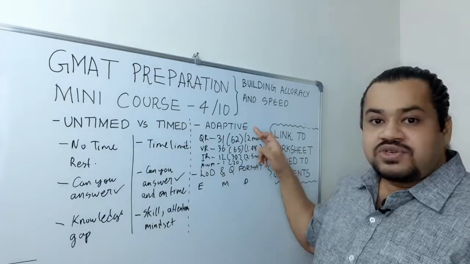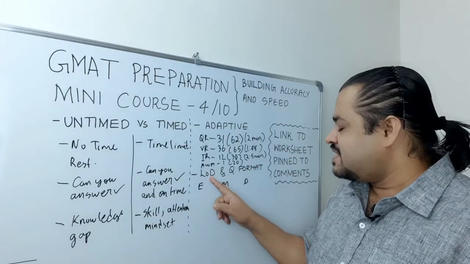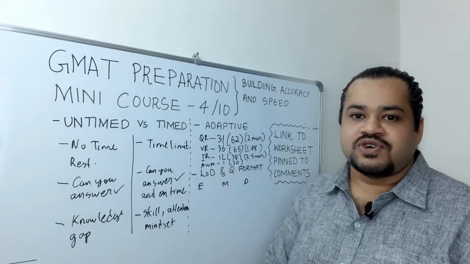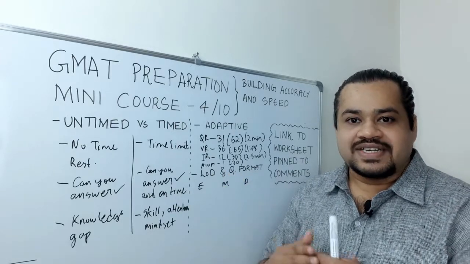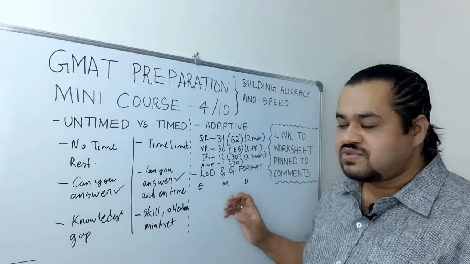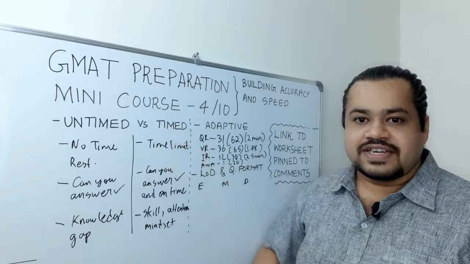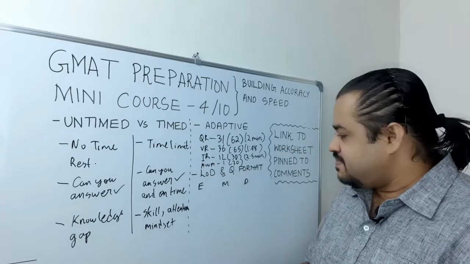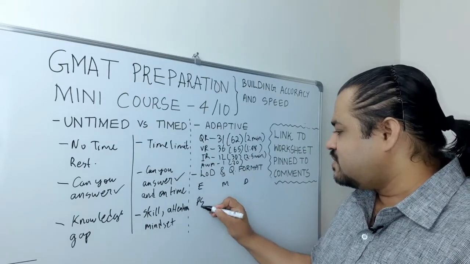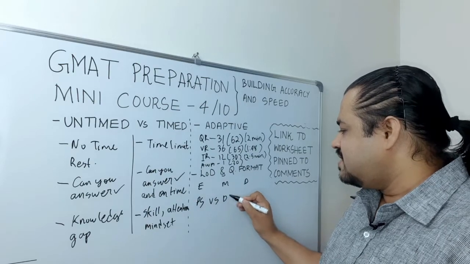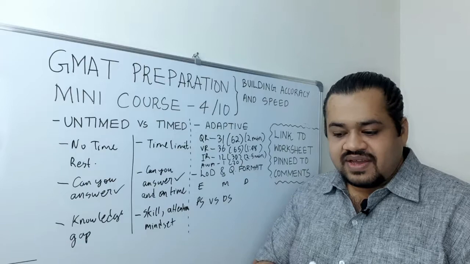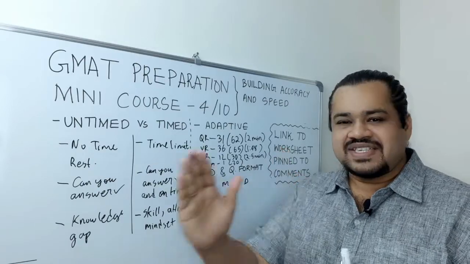Therefore, what you have to understand is that the level of difficulty and the question format have a profound impact on how much time you have to give yourself to solve these questions in the timed practice session. I'll just quickly talk about the question format: problem solving questions versus data sufficiency. In problem solving, the approach is very straightforward.